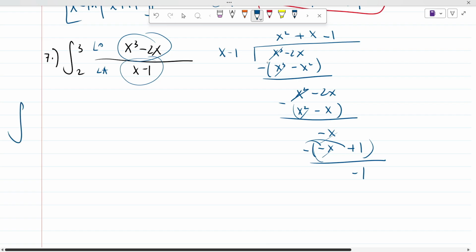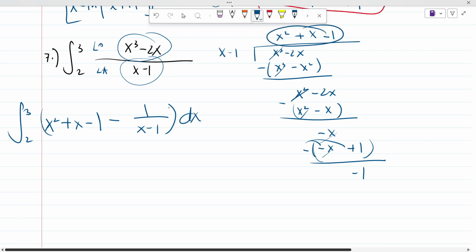So, the integral of 3 all over 2, 3 and 2 pala, is equals to x squared plus x minus 1 minus 1 all over x minus 1. So, this will be a 1. So, kinuha ko lang to, guys. Then, this will be the remainder all over this one, guys.